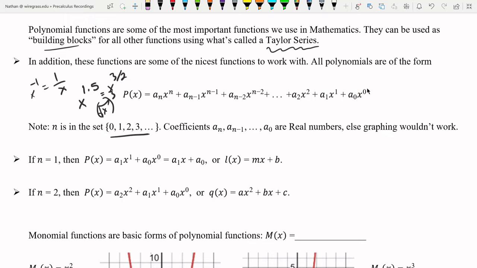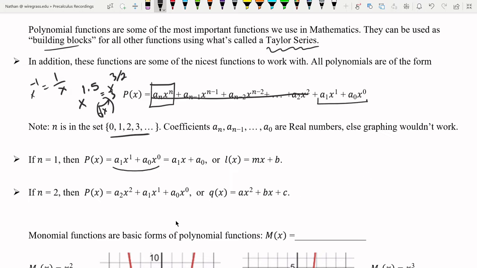Now, looking at this form here, we're going to look at two special cases. The idea here is that we have some highest value on the power. Every polynomial will have some highest value. So the highest value could be 1. In that case, all this stuff is just dropped, and you just have this statement here, which is what I have here.